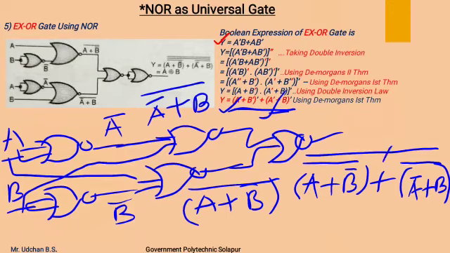Now to remove this complement, I will use another NOR gate as a NOT, which will finally give this expression. So we require 6 NOR gates to implement a XOR gate using a NOR gate.